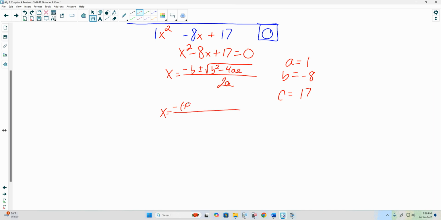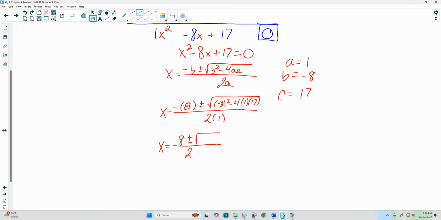Negative b, so we have negative 8, plus or minus the square root of negative 8 squared minus 4 times 1 times c, all over 2 times a. Now luckily for us, negative 8 is just 8. 2 times 1 on the bottom is 2.